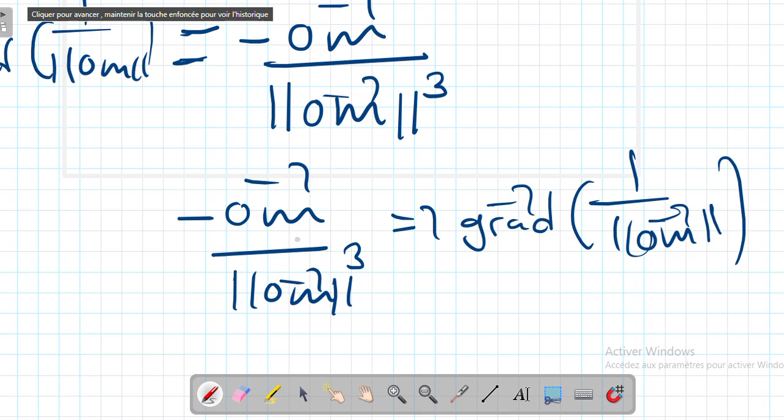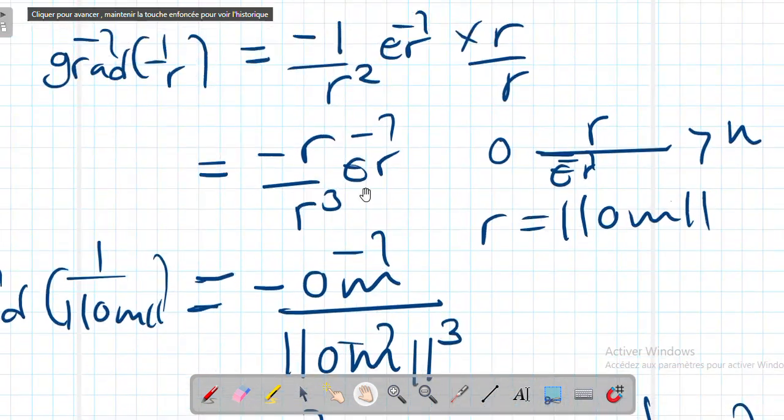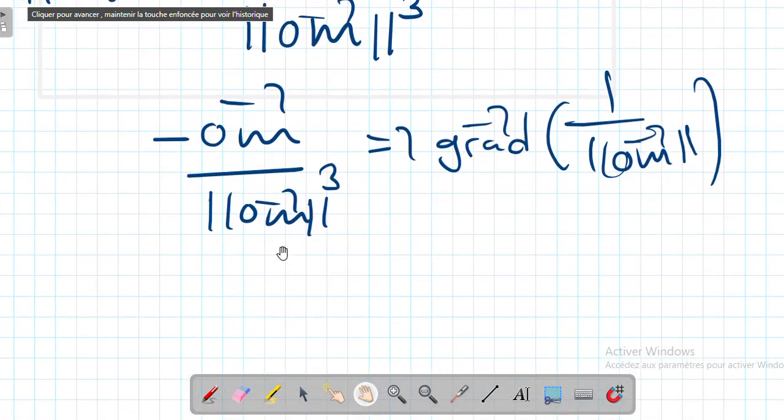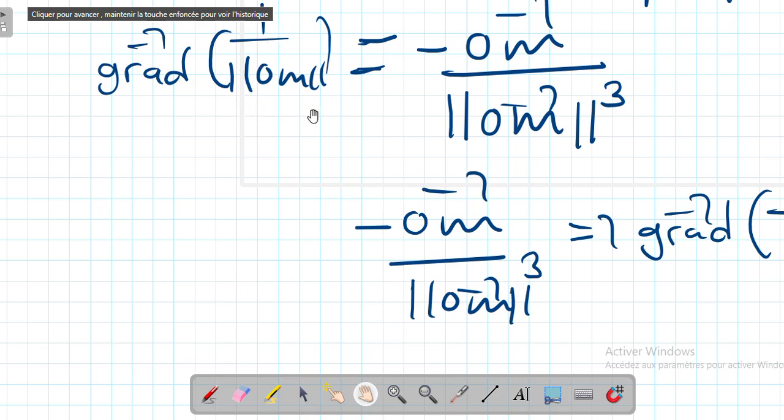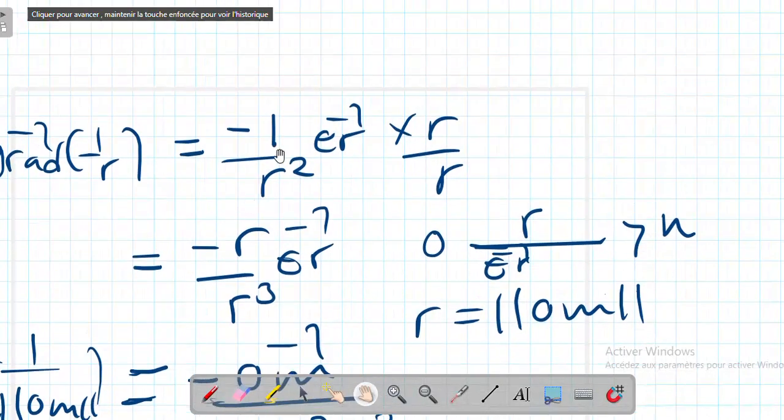So whenever you see a vector, for example here, r er divided by its magnitude cubed, you know that this is a gradient of 1 over r. In physics, we expect you to know it without even calculating. This is why I'm giving you this as an example, and I'm telling you this is very important, because whenever you have a vector divided by its magnitude cubed, that is the gradient of 1 over OM. It's a gradient of something. You'll understand why this is important later.